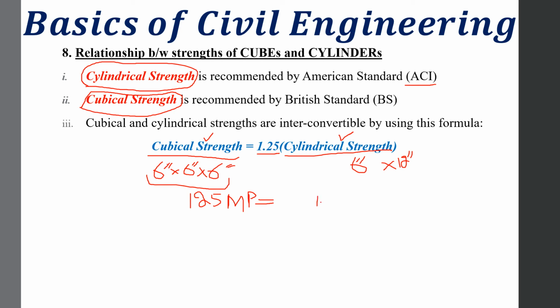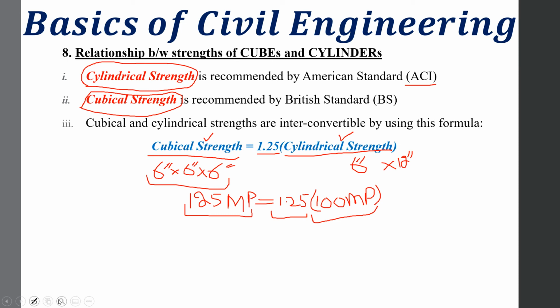Then the cylinder will give a strength of 100 megapascal after 28 days of curing. So what will you do to equalize both of these? You will have to multiply the cylindrical strength with 1.25. It means cubical strength is always 1.25 times the cylindrical strength of the concrete samples.